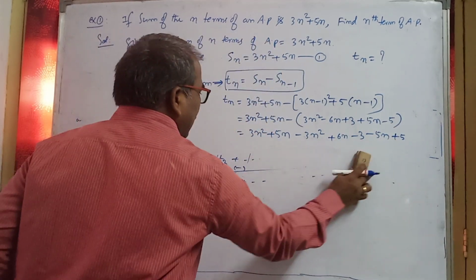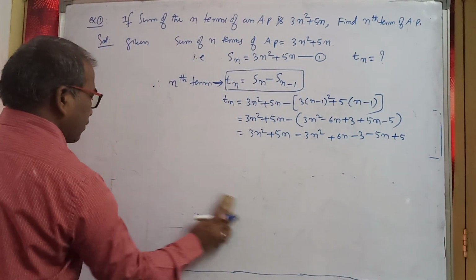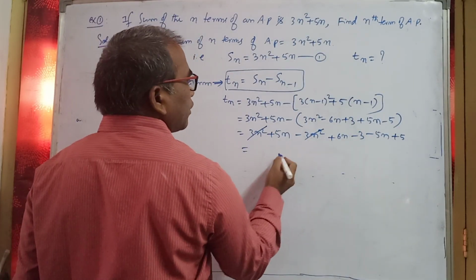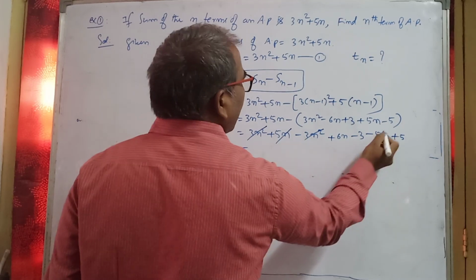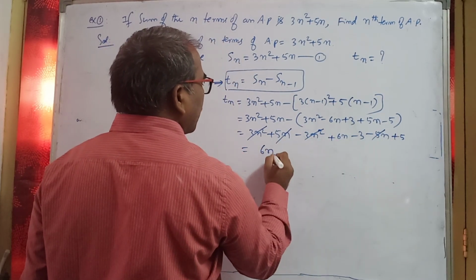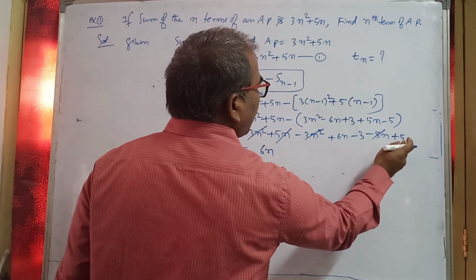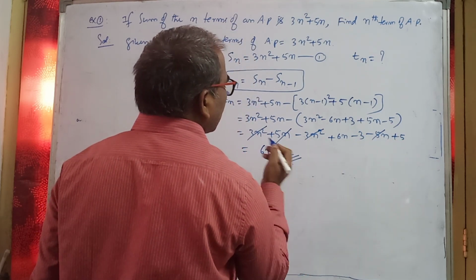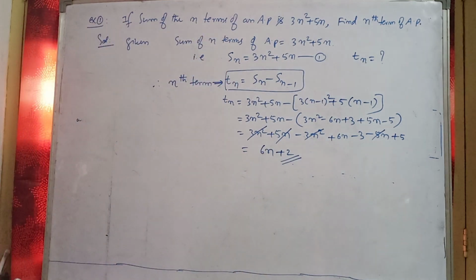I have removed the brackets. Now see, 3n square cancels. 5n also cancels. What is there? 6n. Any constant left? 5 minus 3 plus... so 6n plus 2. So this is the required nth term of the AP.